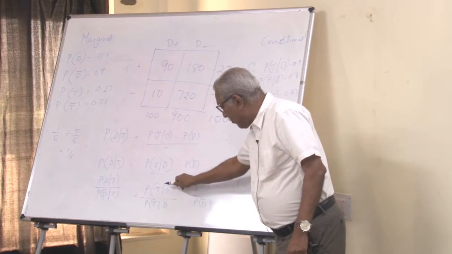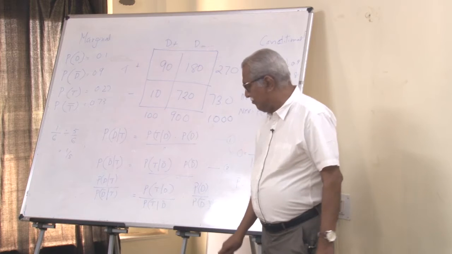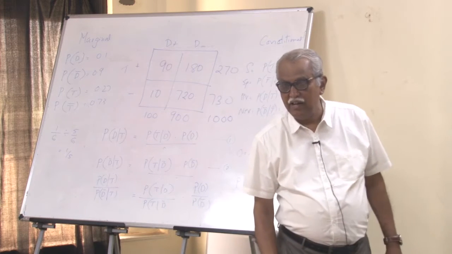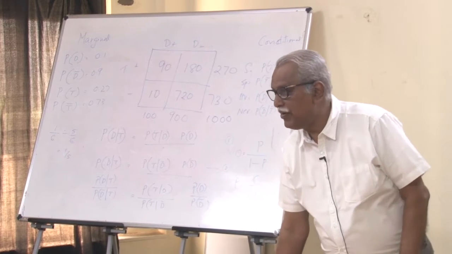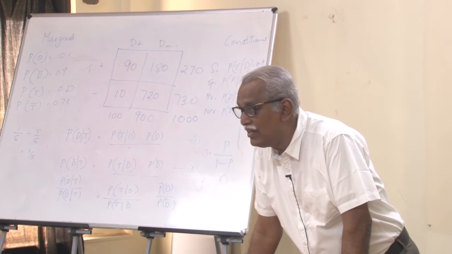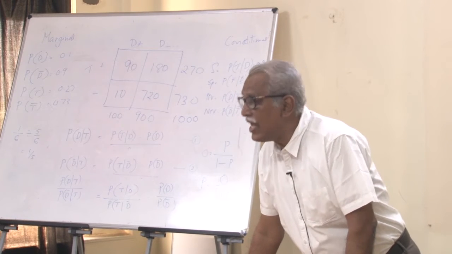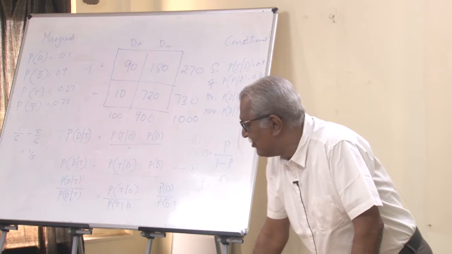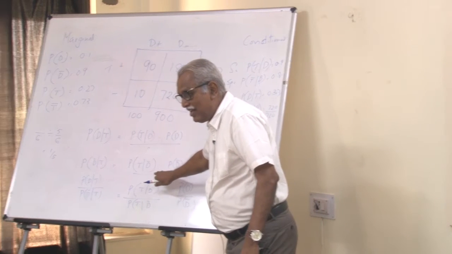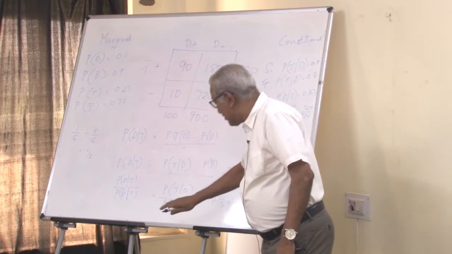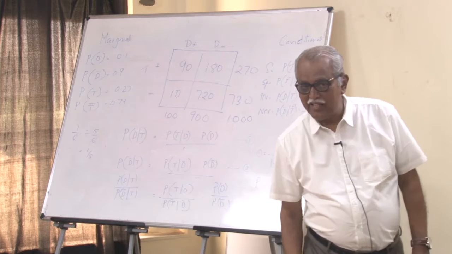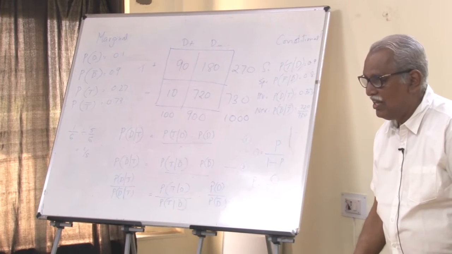Now, can you give me what this is? Probability of T given D. Probability of test given disease. Sensitivity. So this is sensitivity. Our friend, we know this guy. What about this? That requires a little more sharp thinking.